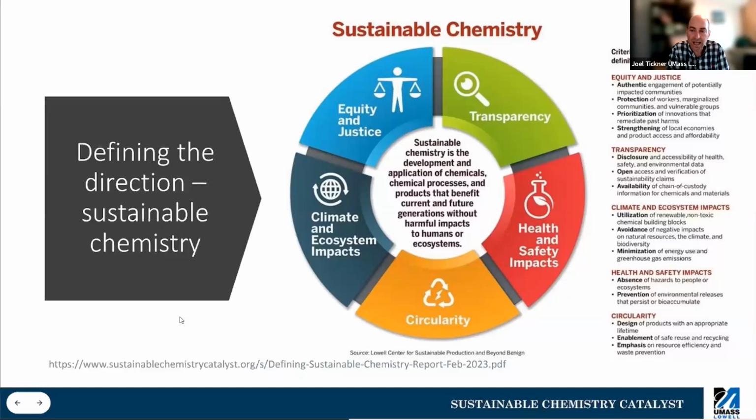And then lastly, climate and ecosystem impact, right? It's not sustainable if it leads to significant impacts on biodiversity. It's not sustainable if it negatively impacts workers or harms workers. So we start with that sort of North Star of where we want to be, and then we can evaluate a chemical process, technology, or activity against these criteria.